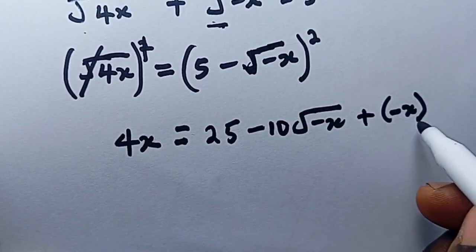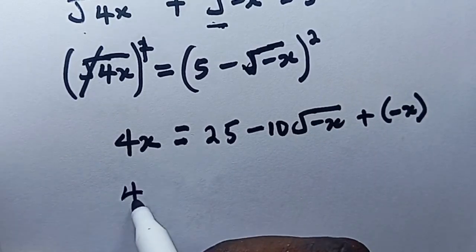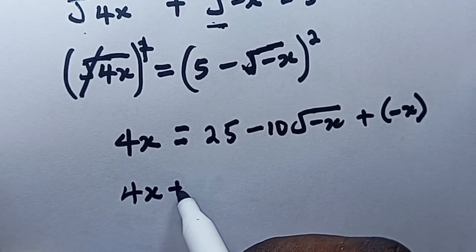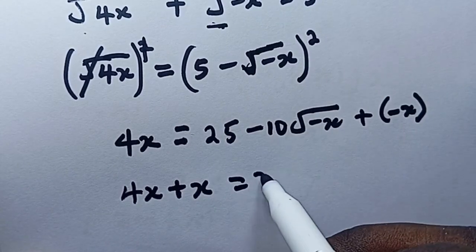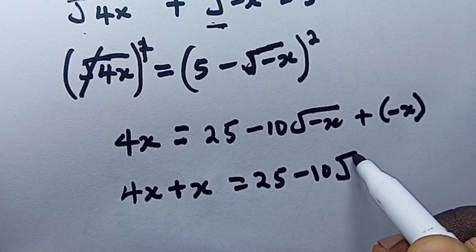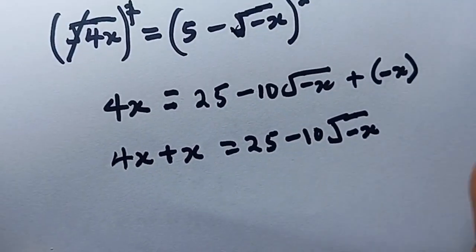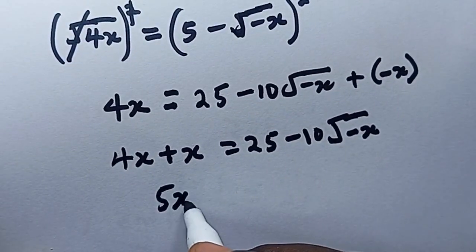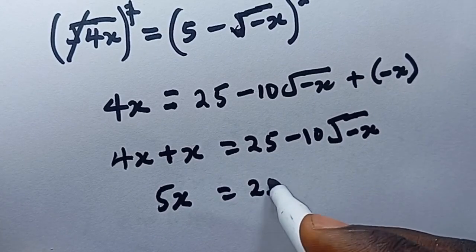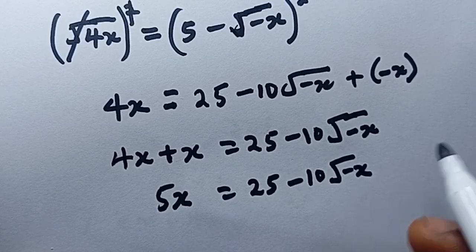Okay, so moving on, I can actually bring this x to the left hand side. So I'm going to be having 4x plus x is equal to 25 minus 10 times root negative x, so that this is now equal to 5x is equal to 25 minus 10 root negative x.